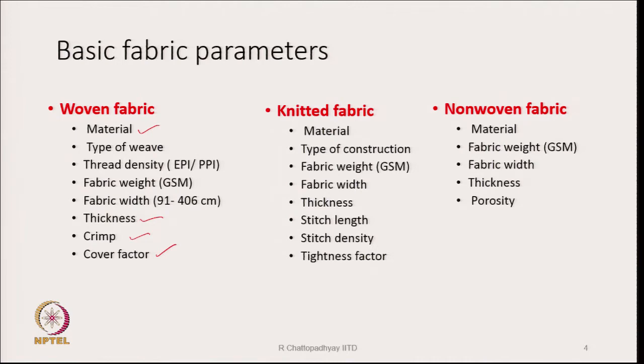For knitted fabric, similarly, material, type of construction, fabric weight, that is areal density, width, thickness, stitch length, stitch density, tightness factor. And for non-woven fabrics, it is again material, fabric weight, fabric width, thickness, porosity. So, typically these are the fabric parameters.